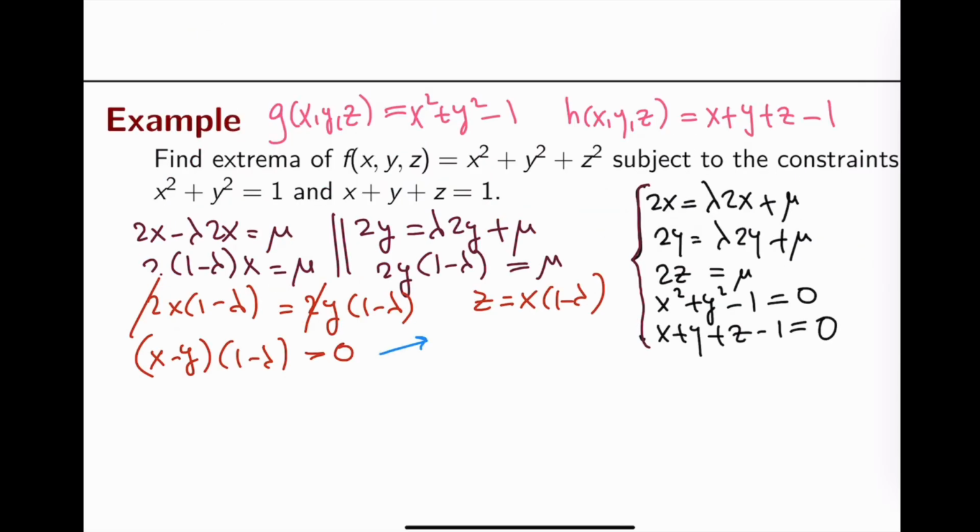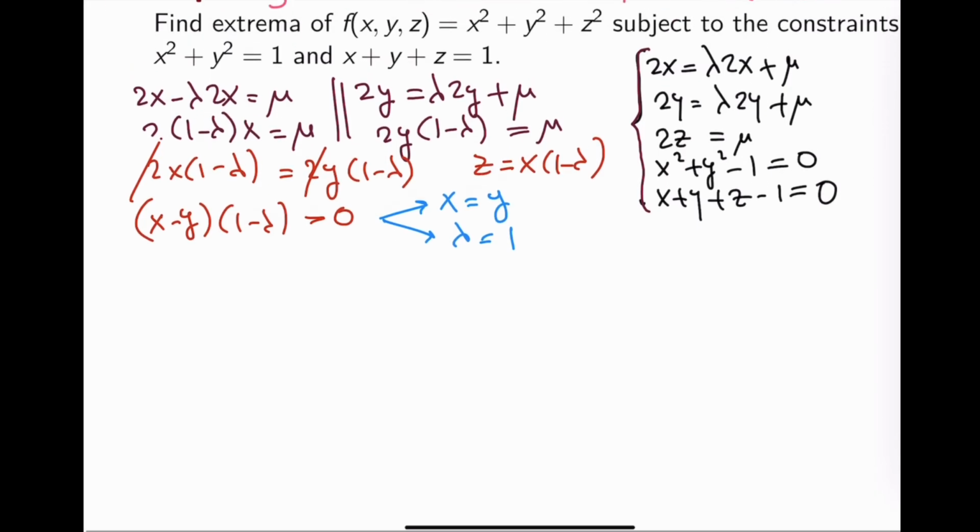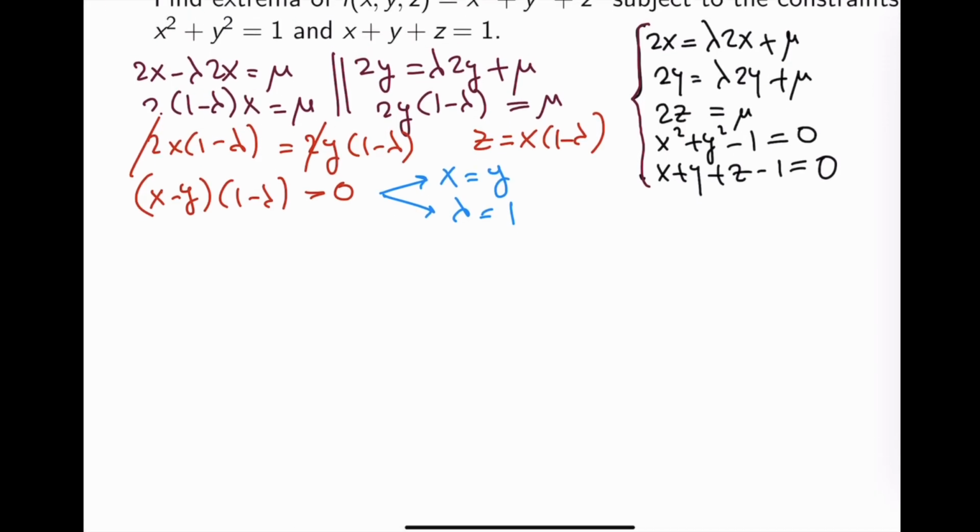From this equation, we get two solutions, right? Either x is equal to y or lambda is equal to 1. So let's follow each of the two paths here. First, if x is equal to y, then substituting in this equation, we get that x squared plus x squared minus 1 is equal to 0.